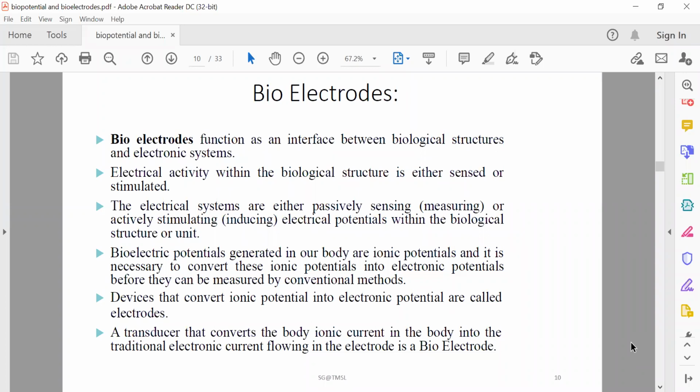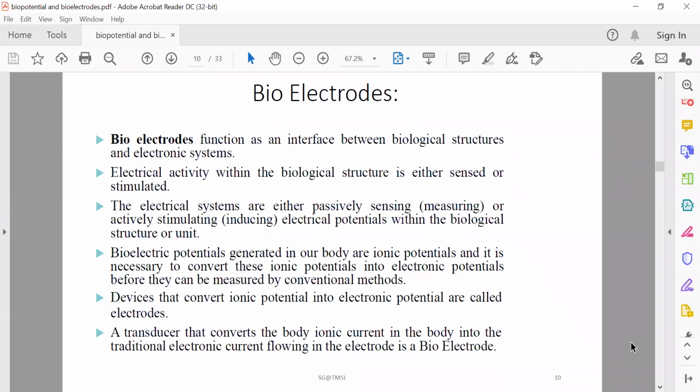Measurement of these ionic potentials requires conversion into electronic potentials. With the development of modern noise-free, stable measuring devices, these devices are used to convert ionic potentials into electronic potentials, and such a device is called an electrode.